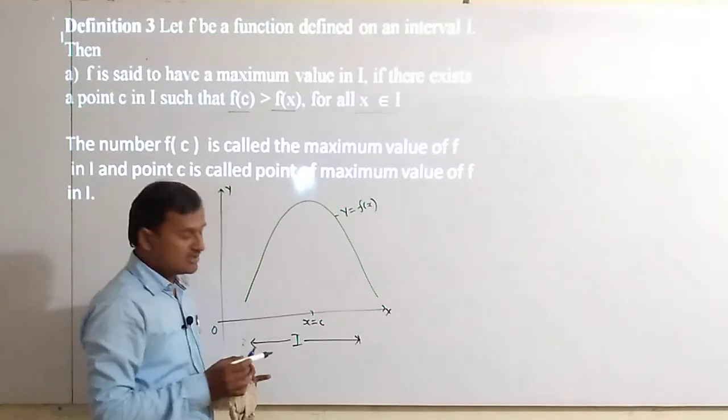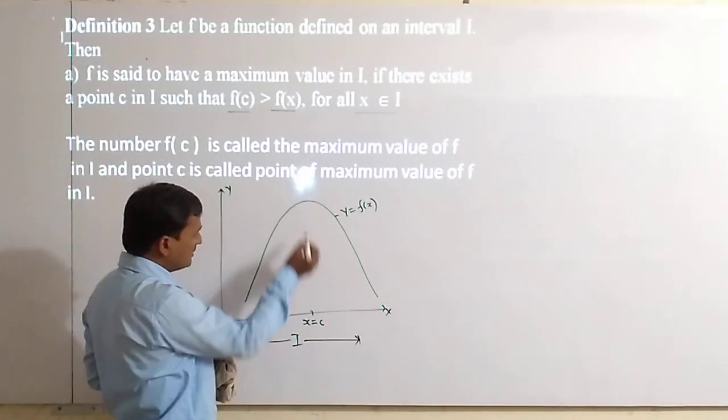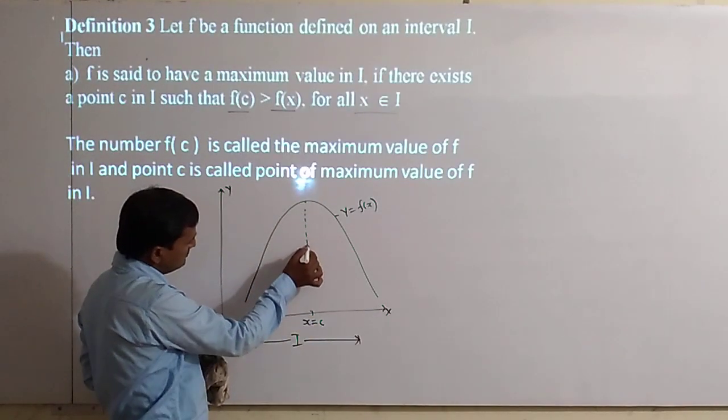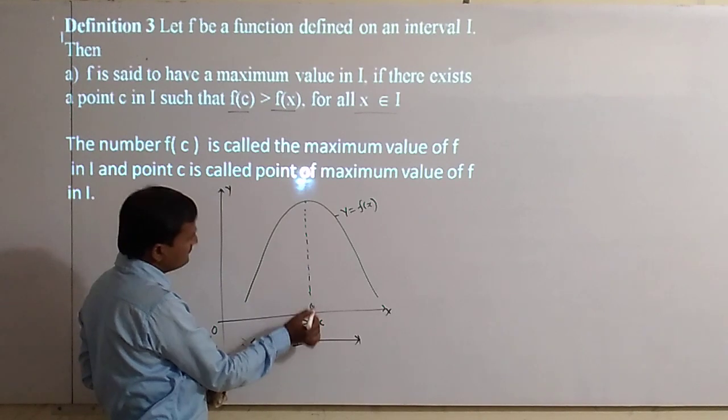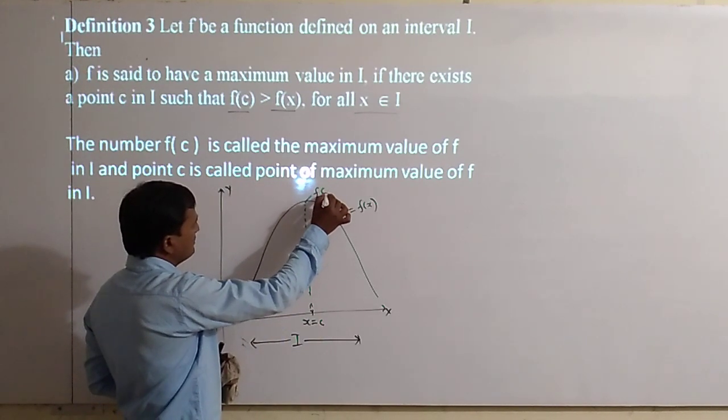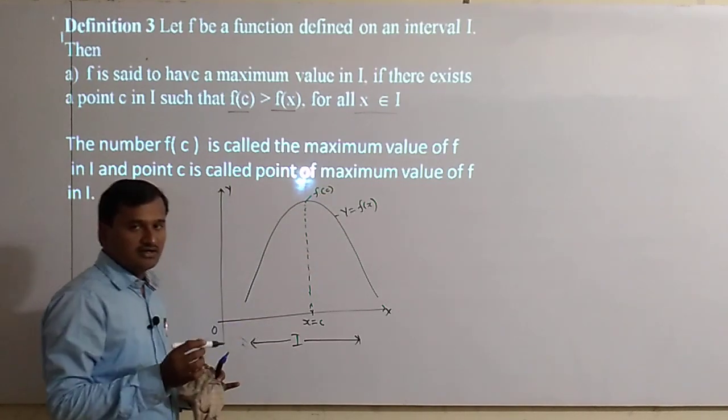That is the meaning. So here, if it is x equal to C, then what is the functional value? So here if you take, this is the functional value, this is f of C, right?